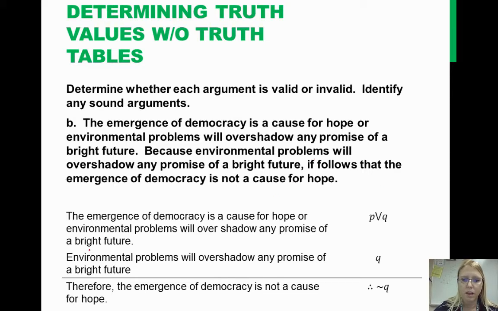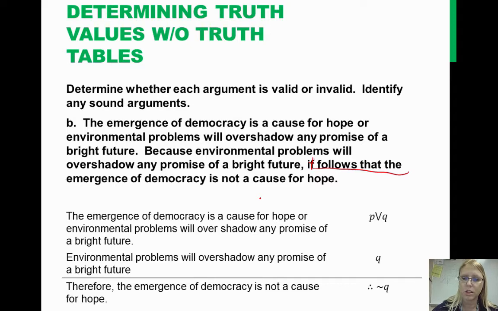So environmental problems will overshadow any promise of a bright future is the next premise. So that's Q, because it's the second statement in our first premise. And then it follows that the emergence of democracy is not a cause for hope.